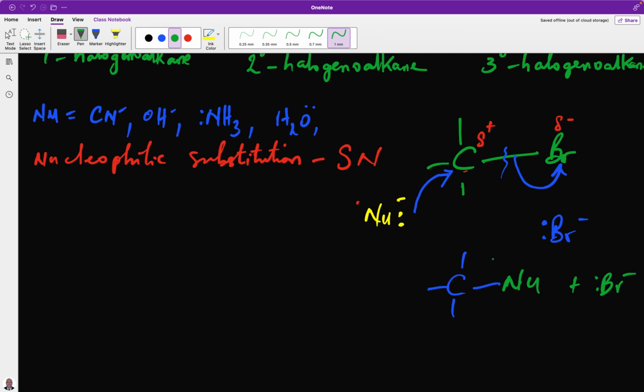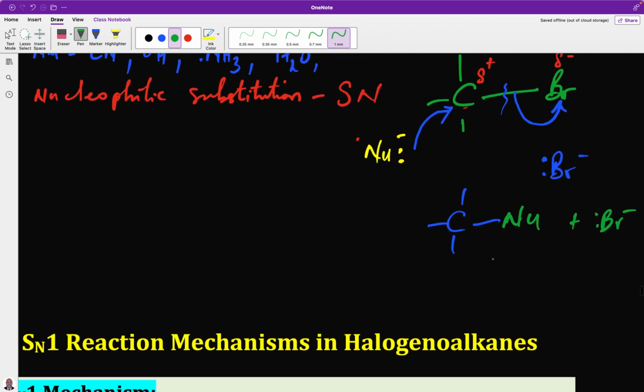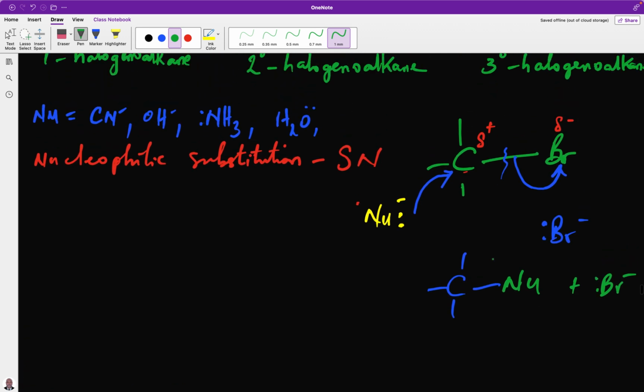Again, it should be remembered that halogenoalkanes undergo many nucleophilic substitution reactions. As they undergo this nucleophilic substitution, there are two mechanisms in which this substitution reaction takes place.